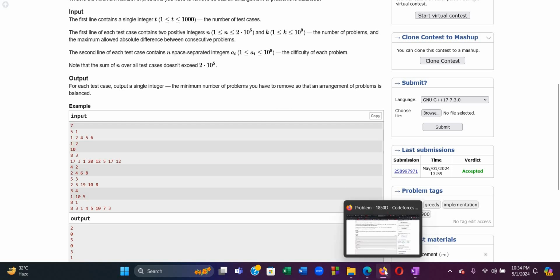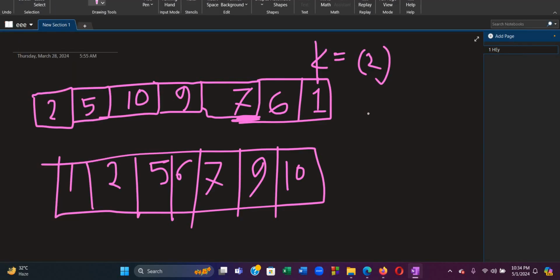Now, first of all, what's the best way to solve this problem? If you were to reduce the number of erasing elements, you would definitely try to rearrange the elements in the array in such a way that the difference is as small as possible, irrespective of whether it's greater than or less than k.